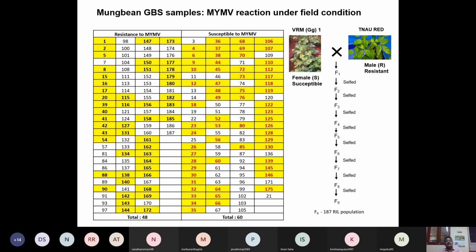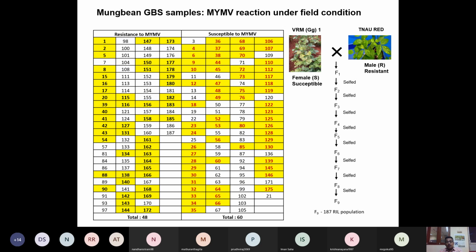When you send the samples for GBS genotyping, you have to check whether your population is randomly distributed. For example, in this case we looked for susceptible and resistant lines for mung bean yellow mosaic virus. When you look at the whole population, you have to find out which are resistant and which are susceptible. These are the RILs which are resistant, and these are the susceptible ones.